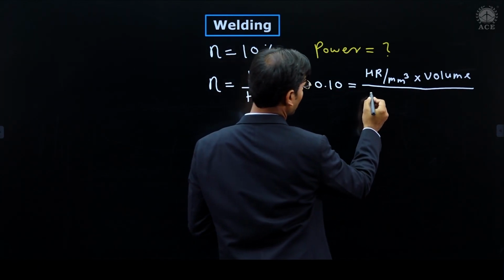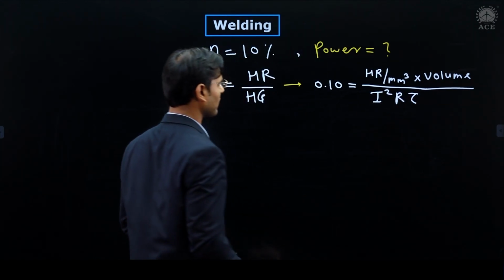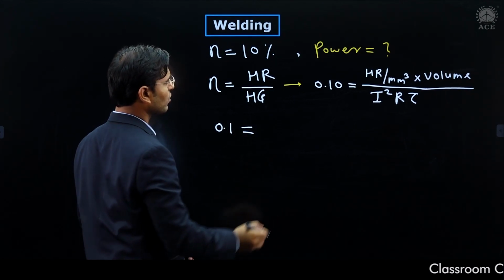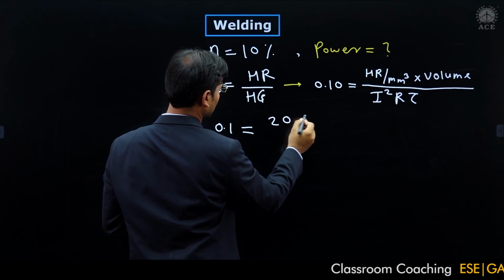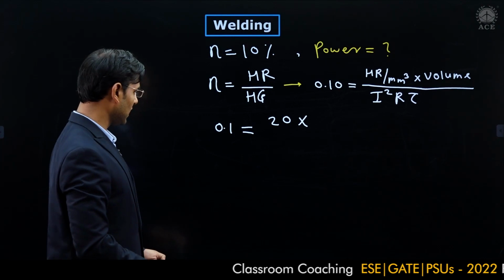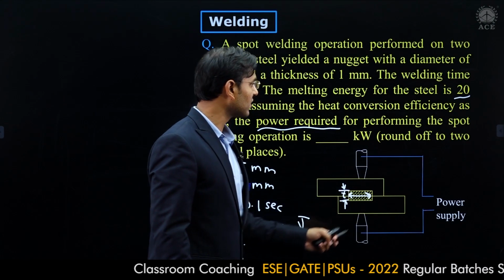What is the formula for heat generated? I square R into tau. So 0.1 is equal to the heat required per millimeter cube, which is 20, into volume. What is the volume? It is the volume of this nugget.